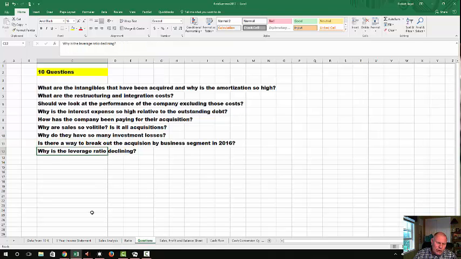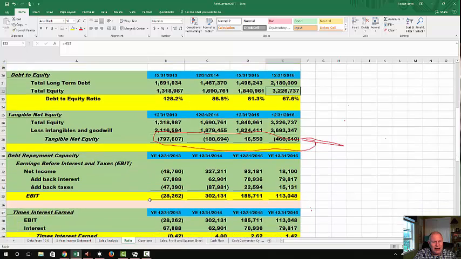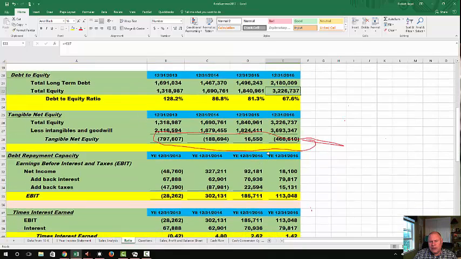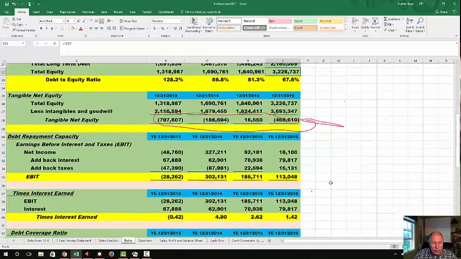But then I go back to this leverage ratio. Why is it declining? Okay. We're seeing the leverage go down. We're seeing the debt to income go down, but yet we're seeing tangible net equity getting worse. It had been really bad, got a little better, and then it went down.